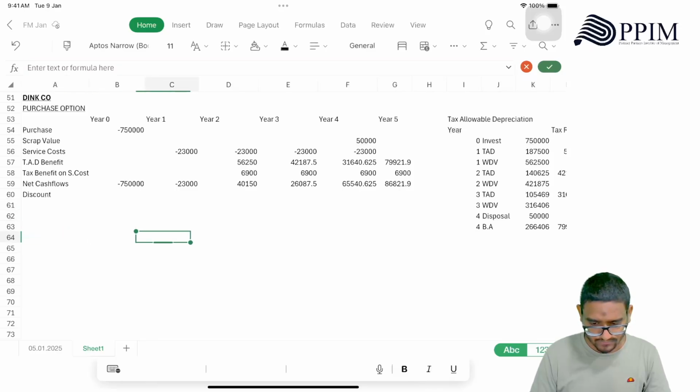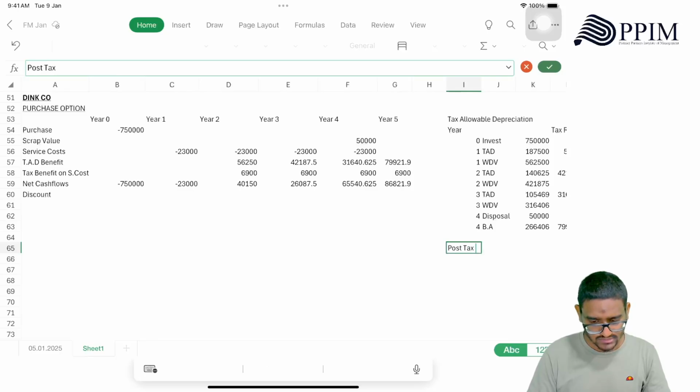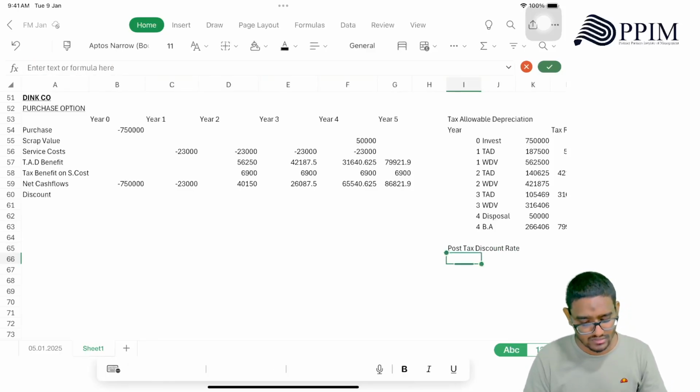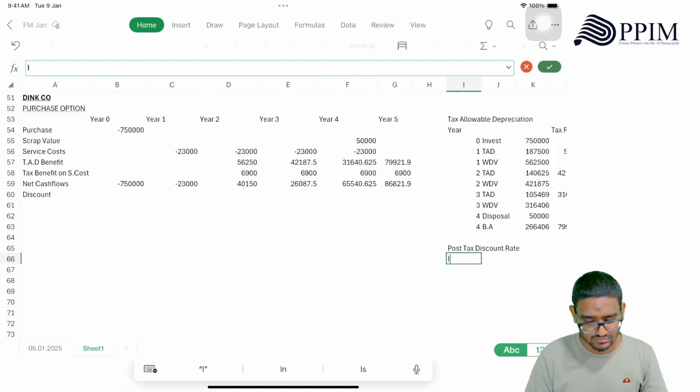Do small working. Post tax discount rate is obviously going to be KD into (1 minus T).